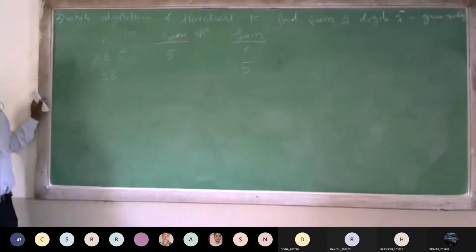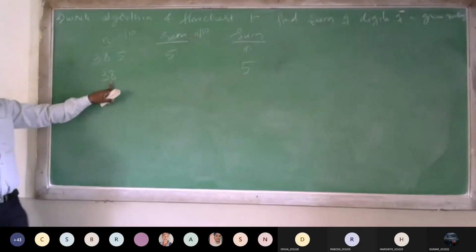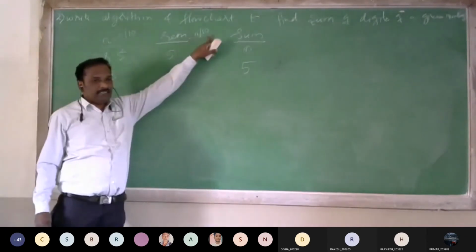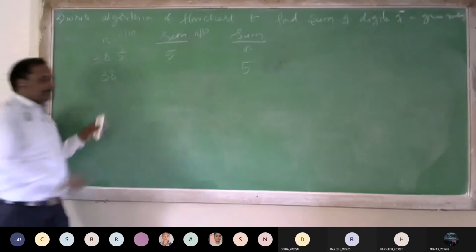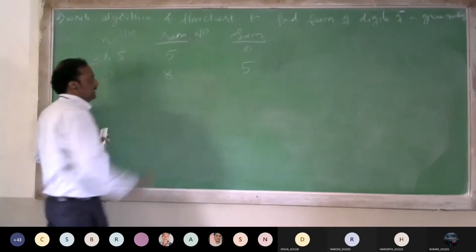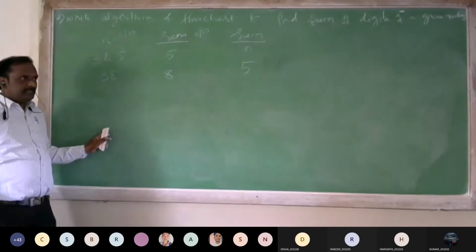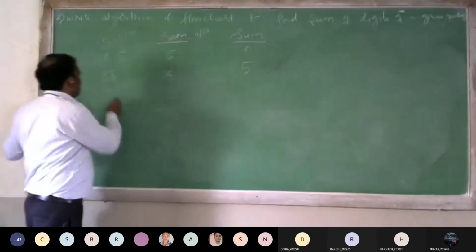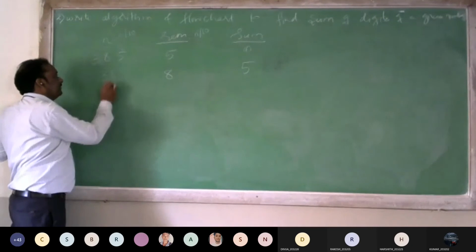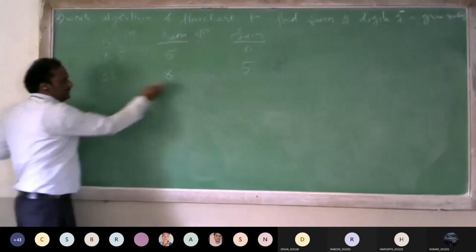Now 38 modulus 10. What is the remainder? Remainder is 8. Then add that remainder to sum. That means we have extracted this digit 8.